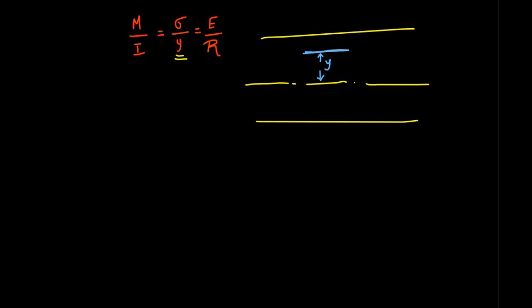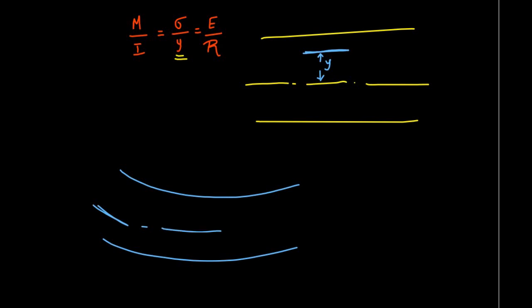When I say the radius of curvature, at one point of time when this beam is subjected to load, the beam is going to bend in this fashion, and the radius of curvature is the radius, which is given by this distance. This is the center, and this is the radius. So that's the symbolic representation.